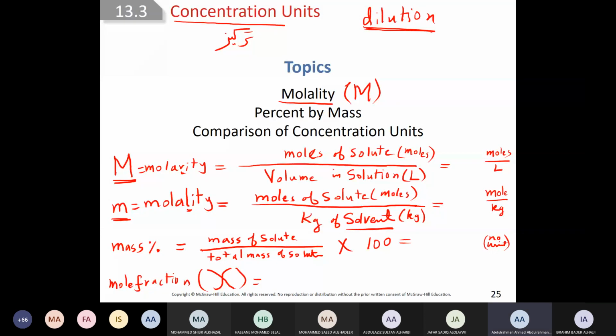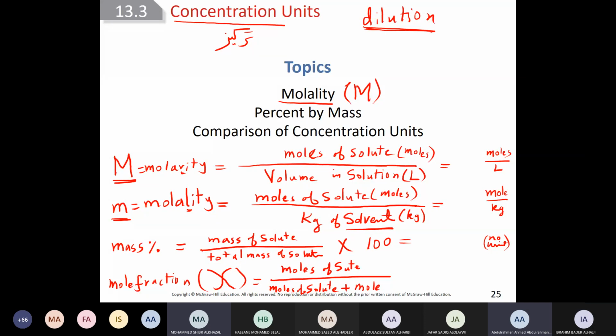And this is called mole fraction, which is moles of solute divided by moles of solute plus what?